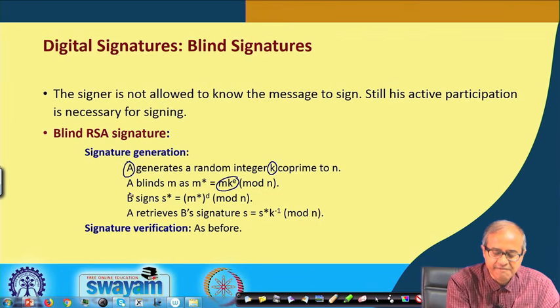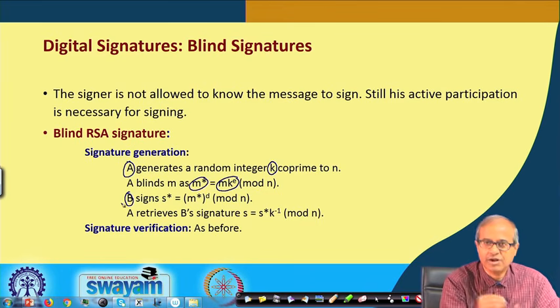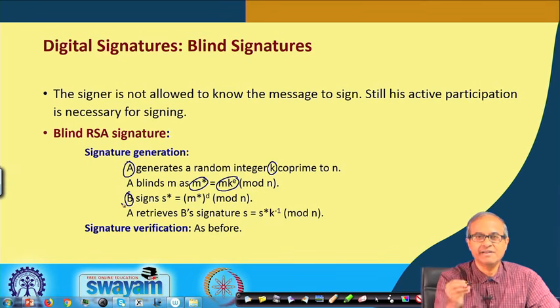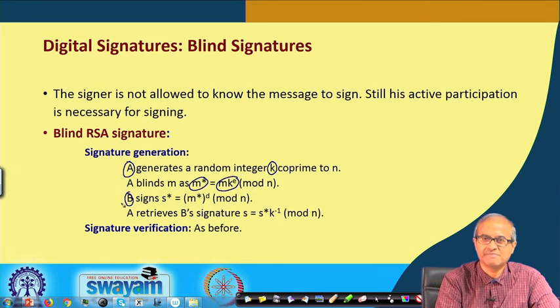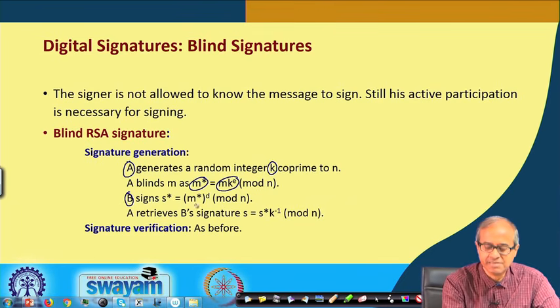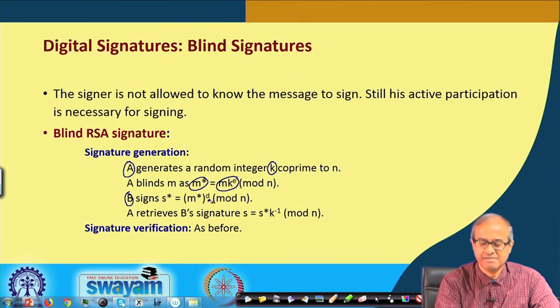Then A will give this m star to another person B, maybe his secretary, to do the signing on his behalf, but this B cannot see the message. B will simply apply a signature which is m star to the power d, right.